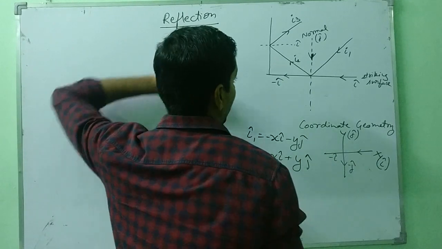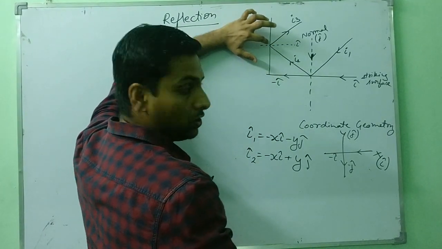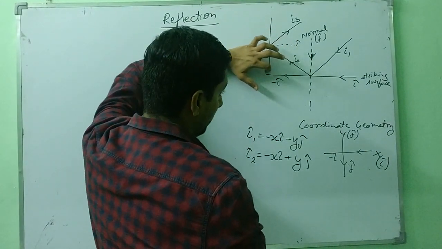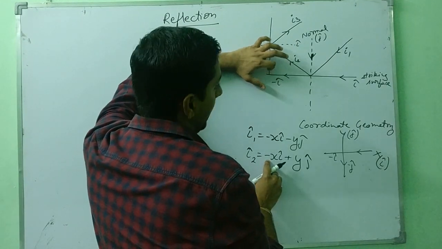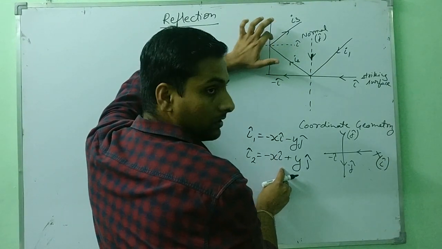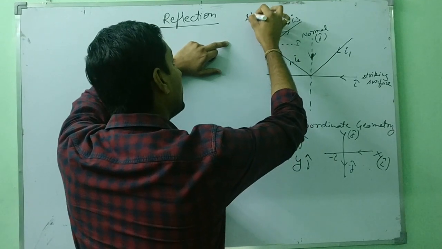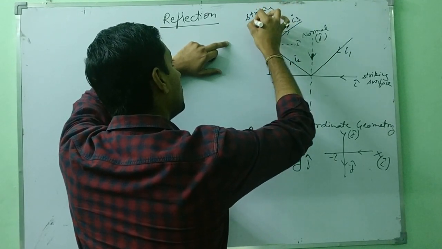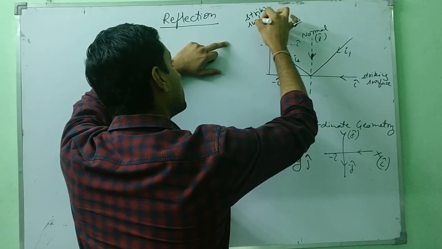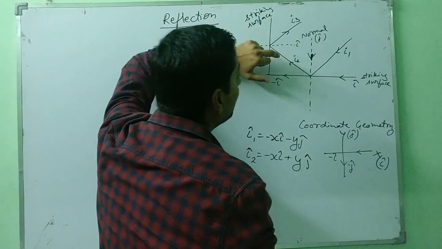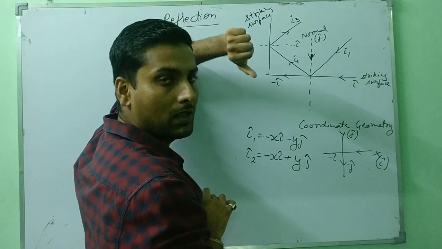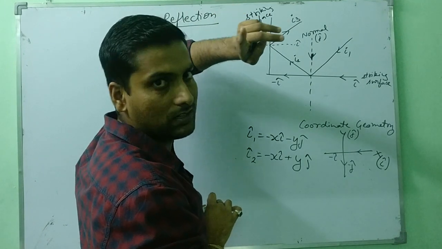Now see the geometry. I2 when falling had a negative x component and a positive y component. But now, since the striking surface is along the y-axis, the parallel component remains the same and the perpendicular component changes its direction.